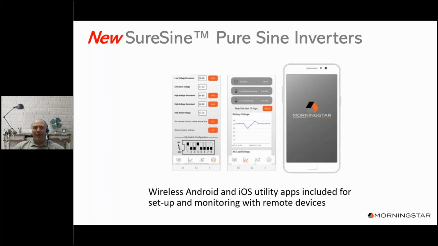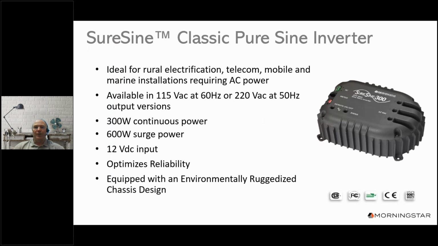And at the moment right now, I'm going to shift gears away from the new SureSine inverters and take a look at the first off-grid inverter that we launched that a lot of these newer SureSines were based off of. And that is the SureSine Classic. So here you see the SureSine Classic off-grid inverter that has had many years of success since 2006.